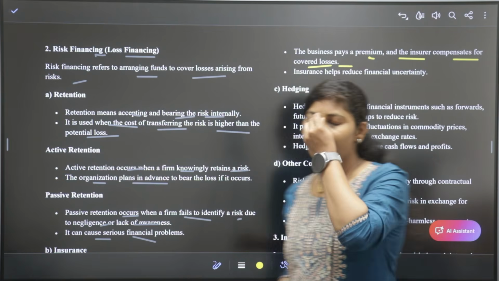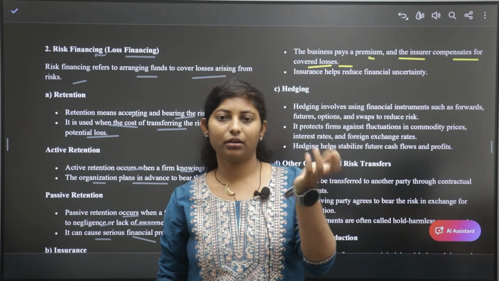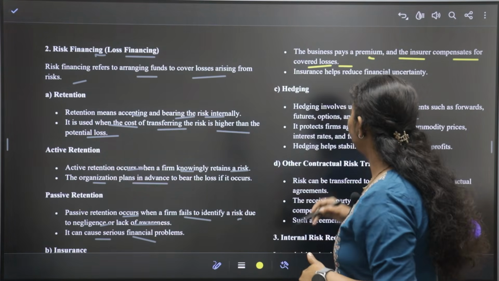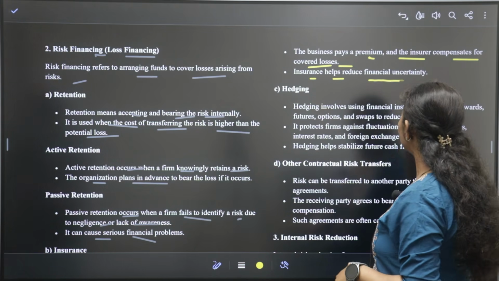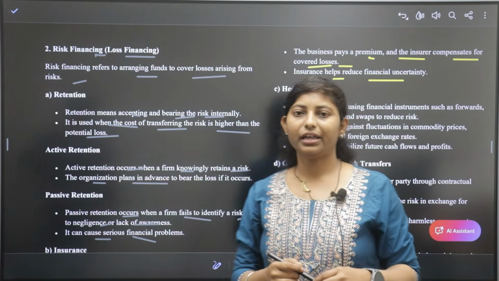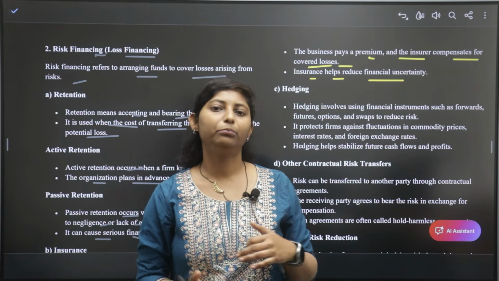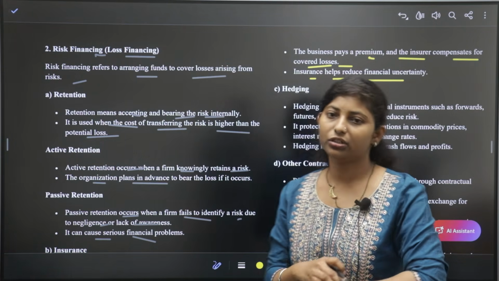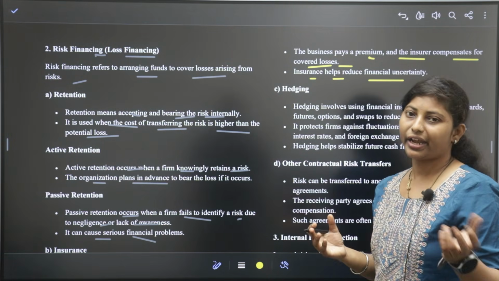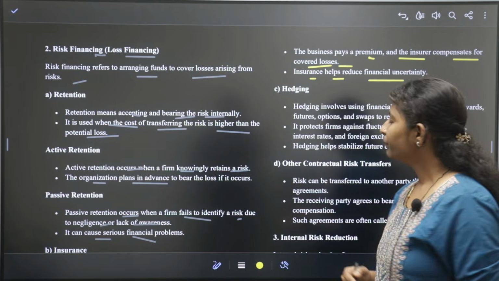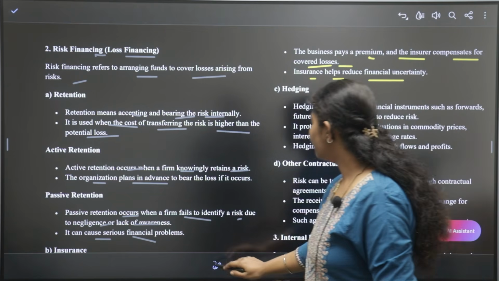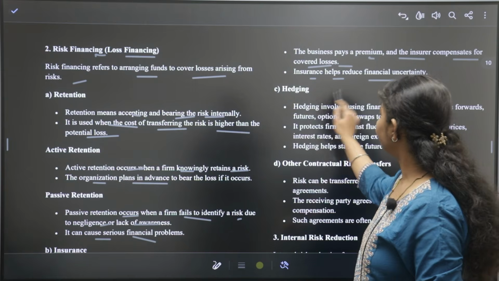Insurance helps reduce financial uncertainty: if any incident happens in the future, it will be taken care of by the insurance company. Next term we have hedging.